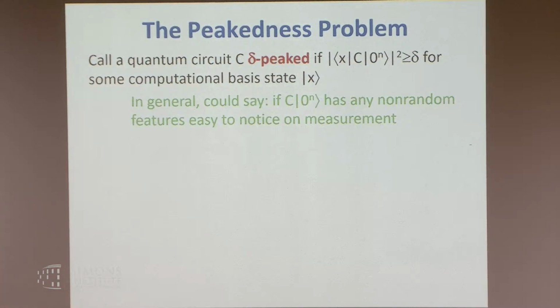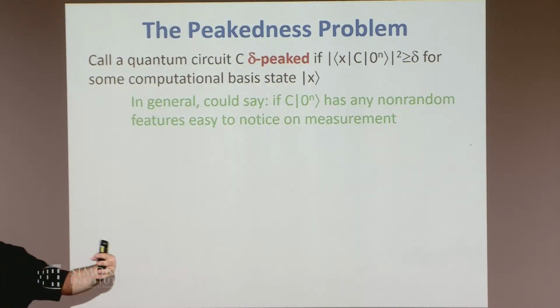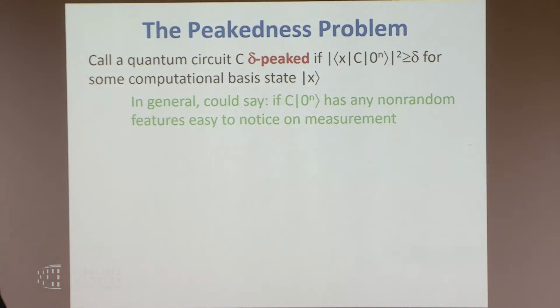Okay, and so given a quantum circuit C, say acting on n qubits, we're going to call C delta-peaked if when you run C on the all-zero initial state and then you measure in the computational basis, there is some basis state X that occurs with probability at least delta. Okay, so the output distribution is peaked, at least somewhat, around a single outcome. Okay, now this is just one choice for how to define this concept that I'll focus on, right?